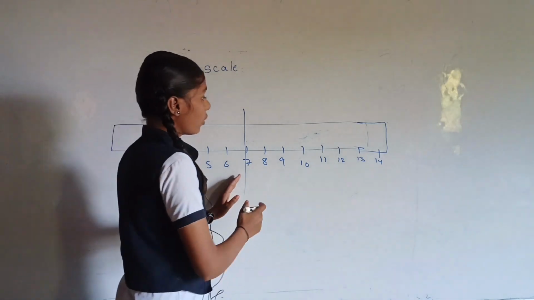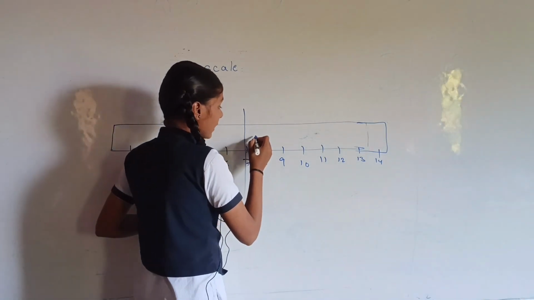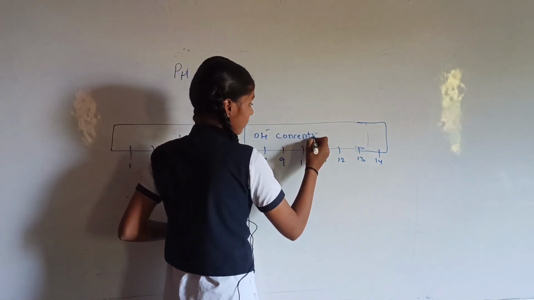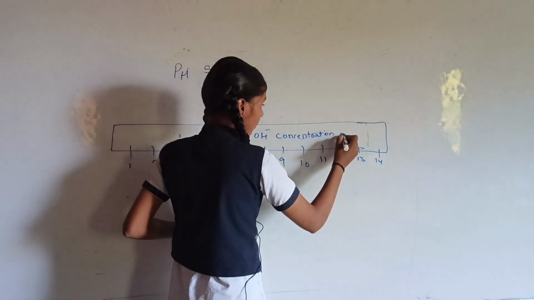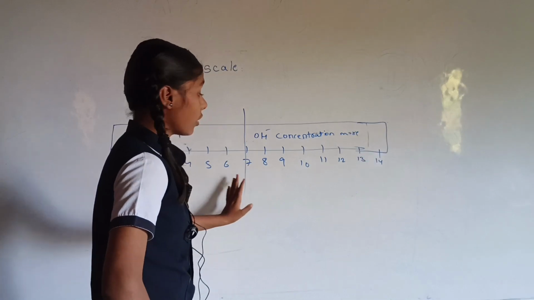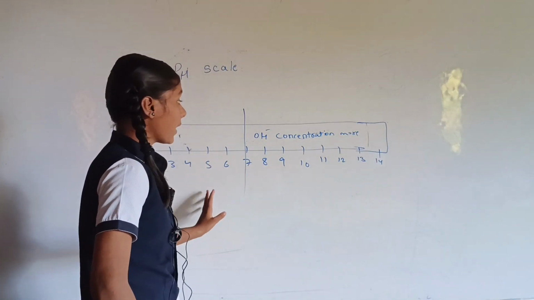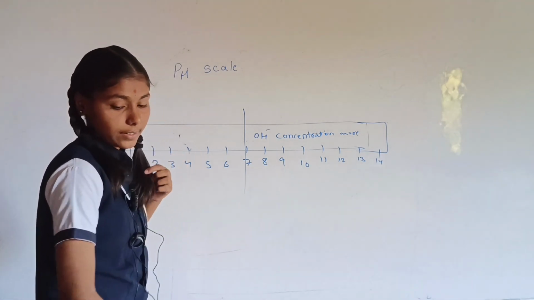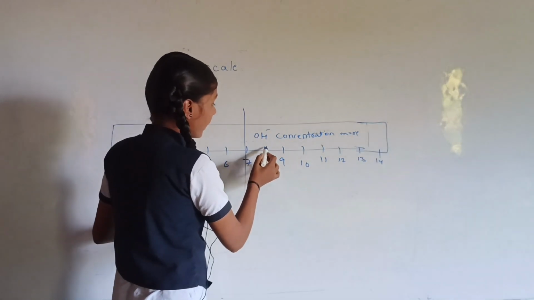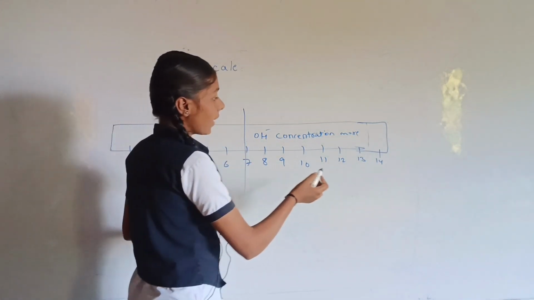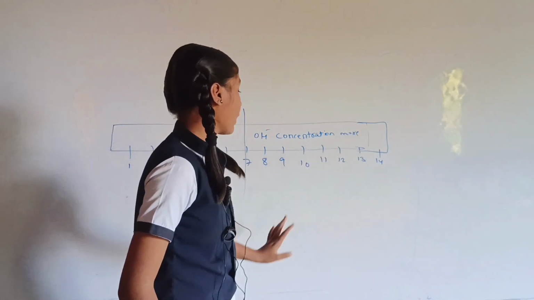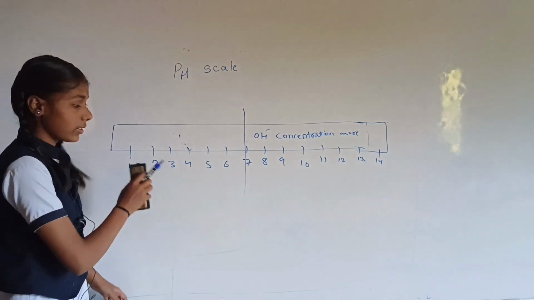We can say that 7 to 14 is basic in nature because it has more OH minus concentration. Here H plus ions decrease and OH minus concentration increases. So 8 is less basic and 14 is more basic, because 14 has more OH minus and 8 has less OH minus concentration.